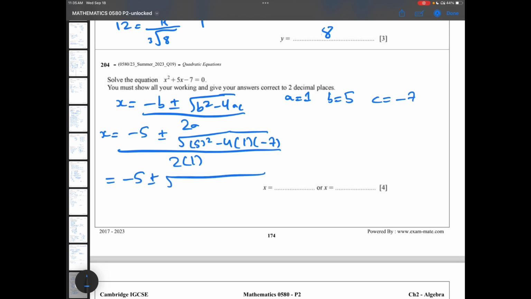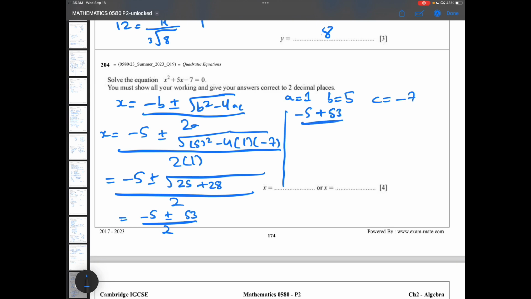Equal to minus 5 plus minus square root of 5 square is 25, minus 4 into minus 7 is plus 28, upon 2 is equal to minus 5 plus minus square root of 25 plus 28 is 53, upon 2. Now I will write these fractions separately. Minus 5 plus root 53 upon 2, or minus 5 minus root 53 upon 2.